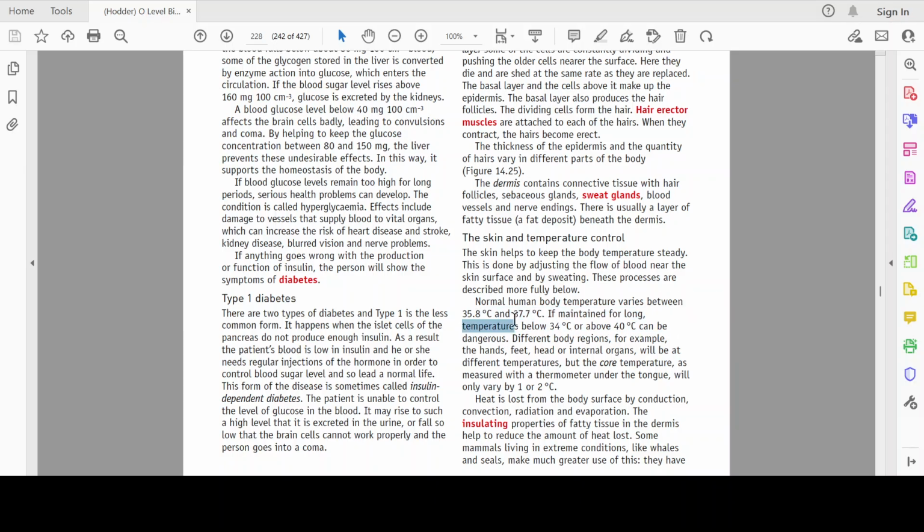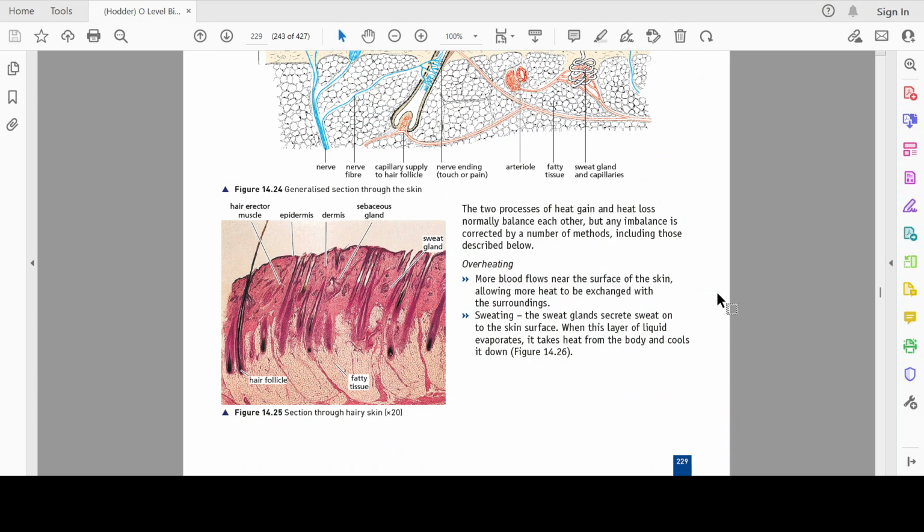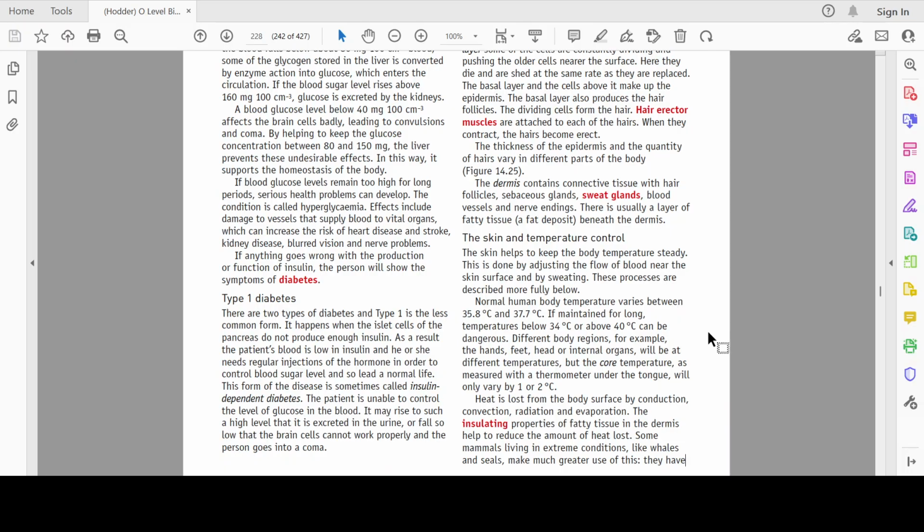So the range is about 1.9 degrees centigrade, which is considerable. So 34 is the lower limit, 40 is the upper limit. It can be dangerous.